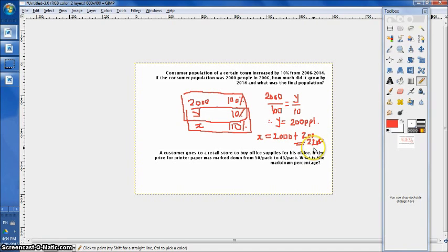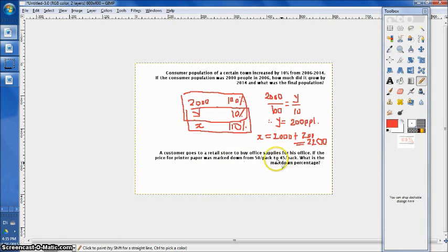Now, a customer goes to a retail store to buy office supplies for his office. If the price for the printer paper was marked down from $50 a pack to $45, what is the markdown percentage?